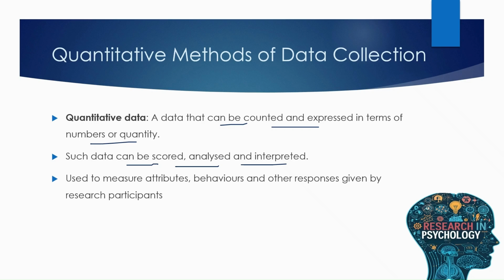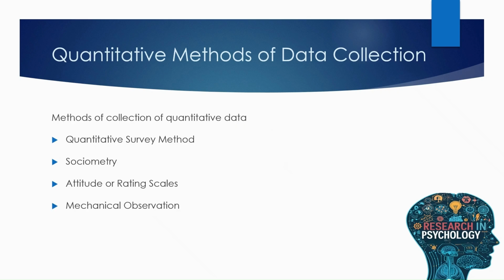So quantitative data is used to measure attributes, behaviors and other responses given by research participants. We'll be studying 4 main methods which are used for collection of quantitative data. The first one among those is quantitative survey method, then sociometry, attitude or rating scales, and finally mechanical observation.